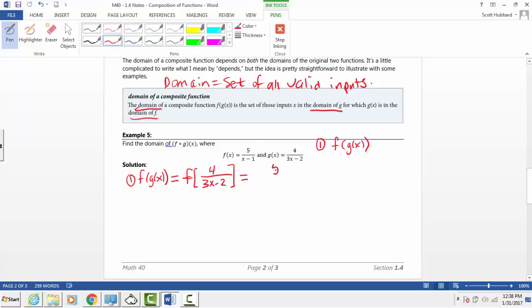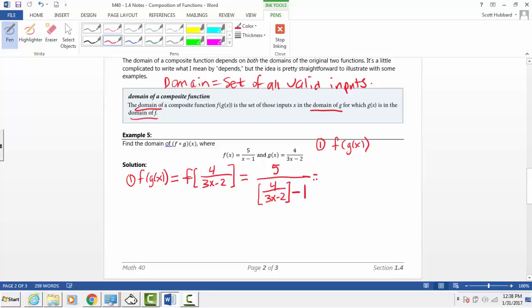It takes it and just puts it on the bottom of this fraction. So f takes 5 and writes 4 over 3x minus 2 right here. Again, what does f do? It writes 5, it divides by x minus 1. So we have 5 over the input, and we take away 1. Alright, so that's the first step.